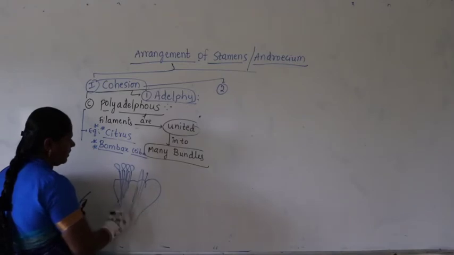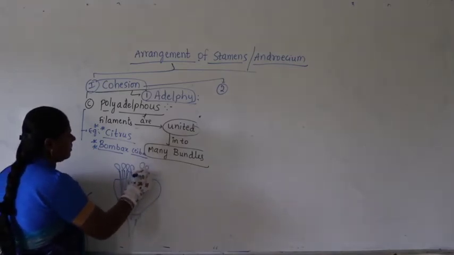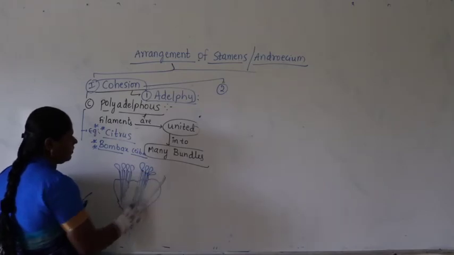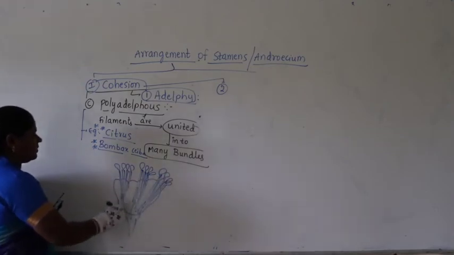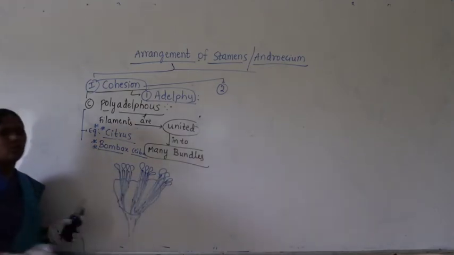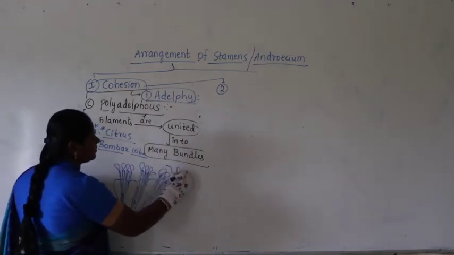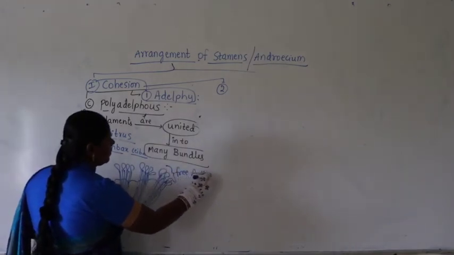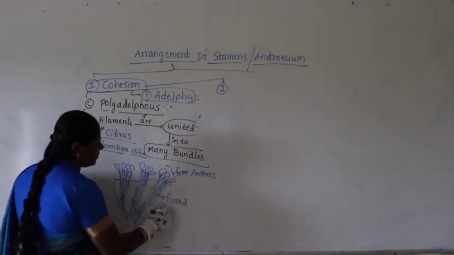So there are many bundles. So here there are many bundles like this, yes. Okay, so in this case you have to understand free anthers. And what you have to understand? Fused filaments.